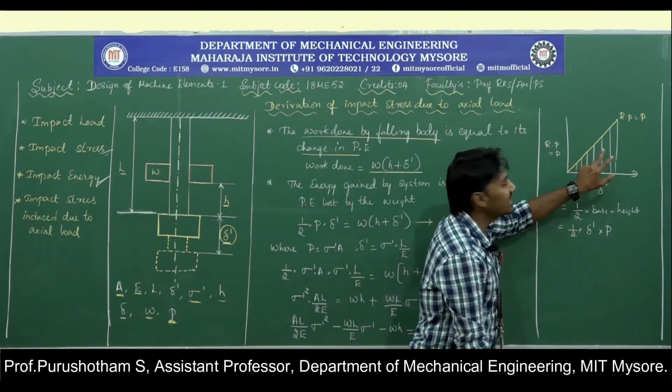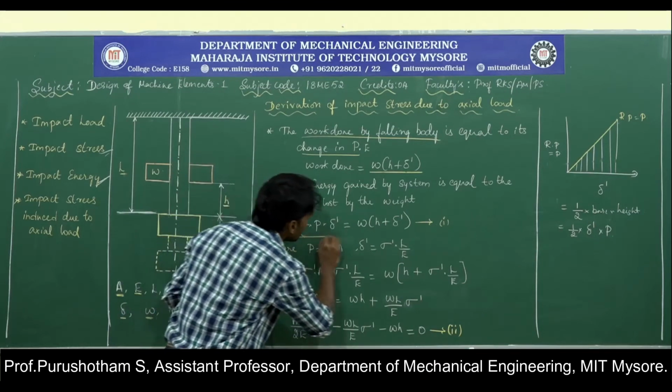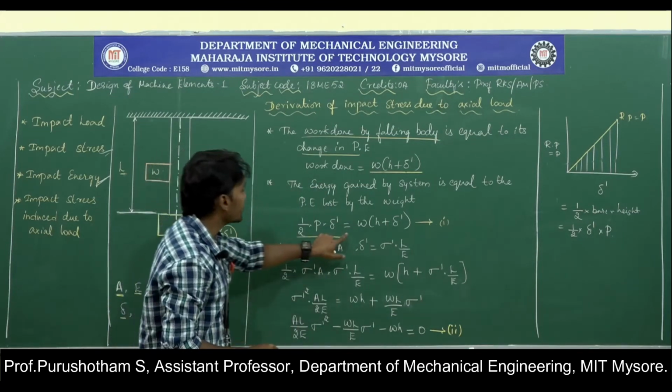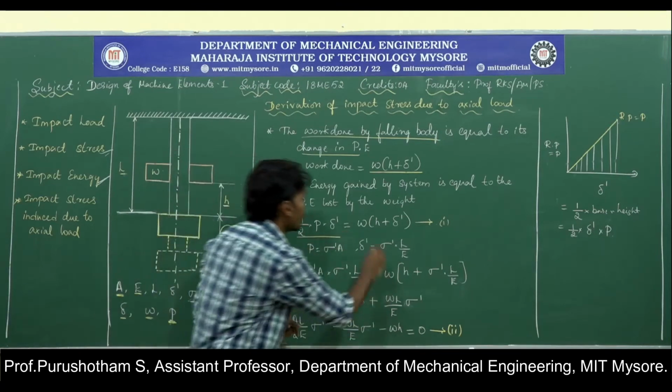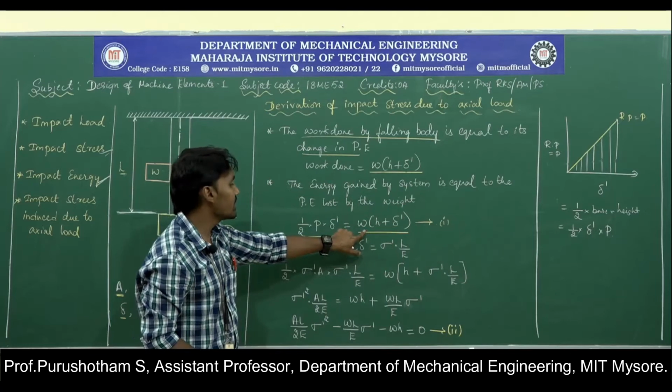This will be the energy gained by the body, shown here as half into P into delta dash, which is the energy gained by the system, equal to the potential energy lost by the weight, that is the change in potential energy.